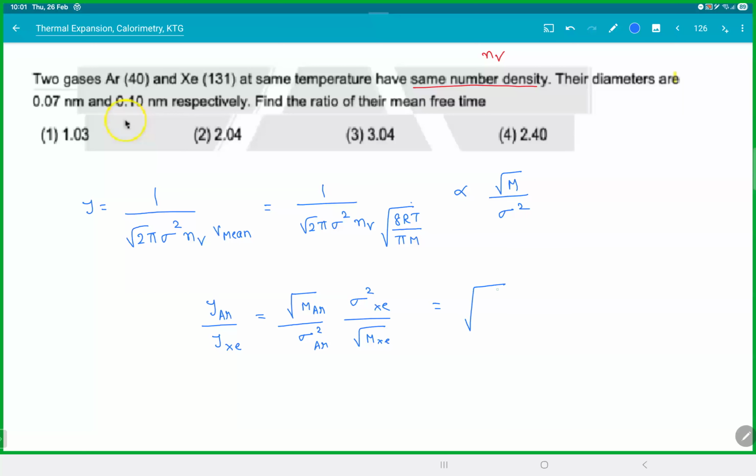That turns out to be root over 40 by 131, and this is 0.10 by 0.07 whole square. That would be 100 by 49, and this would be 40 by 131. That's roughly 2. 40 by 130, so that's roughly around 4 by 13.